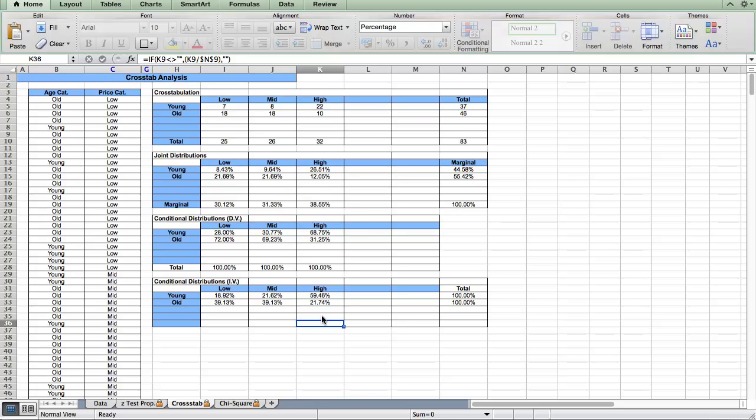In other words, if we see differences here, being in the young category seems to have an effect on the percentage of high-price homes. In simpler terms, younger homes seem to cost more. These differences are notable in the high and low categories in particular.